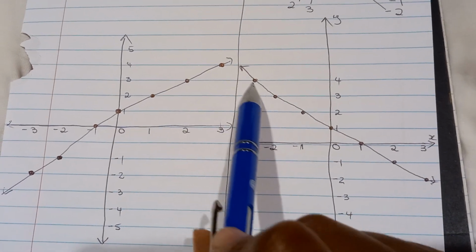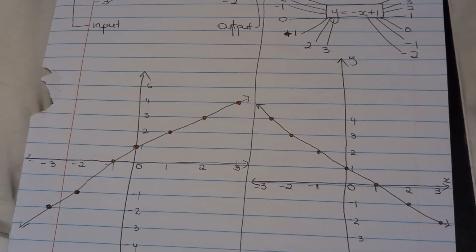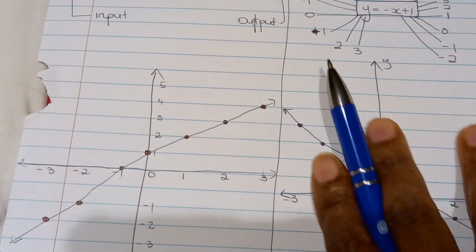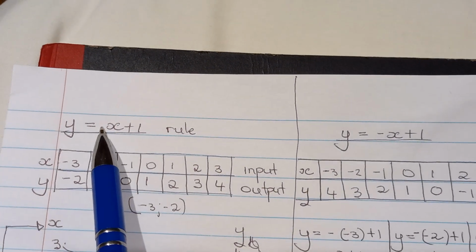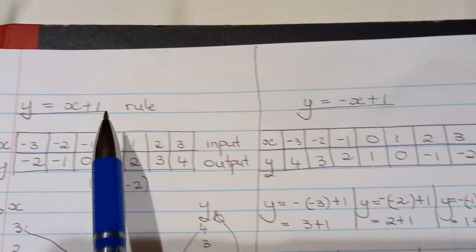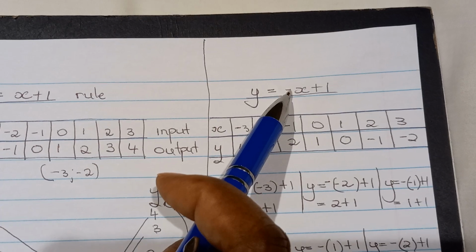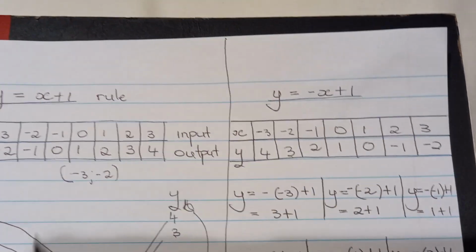This one goes from left to right. Why does that happen? Because here we have a positive gradient, here we have a negative gradient.